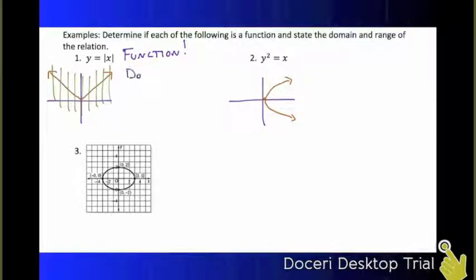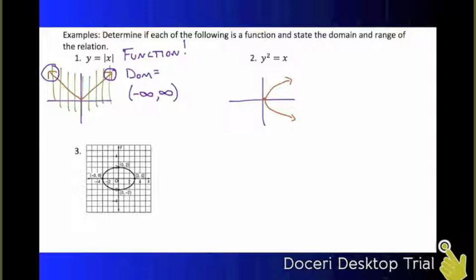So the domain here is all of the x values. So we say that this goes, if you notice, there's an arrow on the end here, so it goes from negative infinity all the way up, and there's an arrow on this end also, to positive infinity. So this is the set notation again. So the domain is from negative infinity to positive infinity.